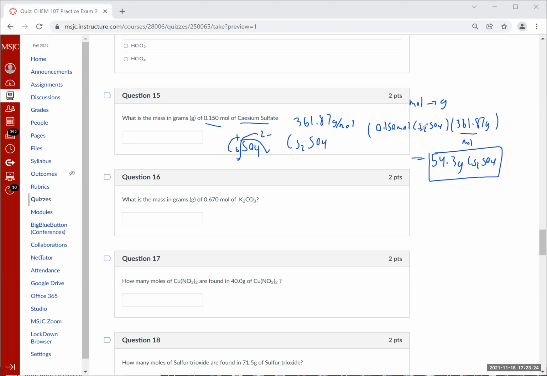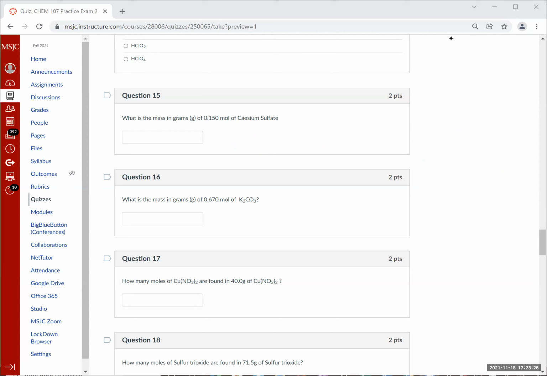Okay, so let's do another mass calculation problem. In this case, we're asked, what is the mass of 0.670 moles of potassium carbonate? So if we start with 0.670 moles of potassium carbonate, we know that the molar mass of potassium carbonate in this case is 138.20 gram per mole.